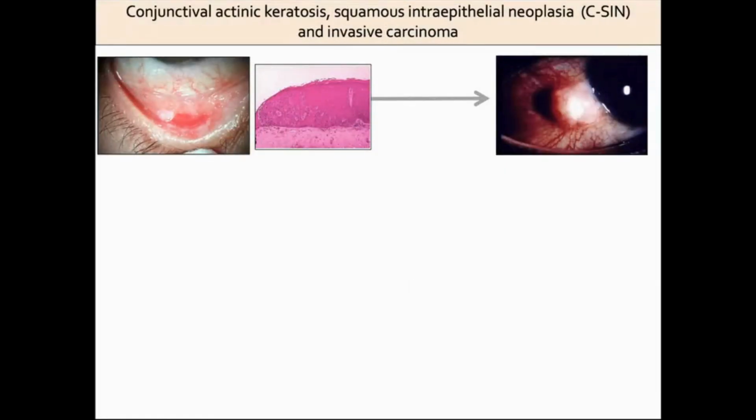Now, something that I'd like to speak about are the squamous lesions which can arise on the conjunctiva, something the clinicians call ocular surface squamous neoplasia, which I think pathologically we can be a bit more precise about and say that this is conjunctival squamous intraepithelial neoplasia, ultimately forming invasive carcinoma.